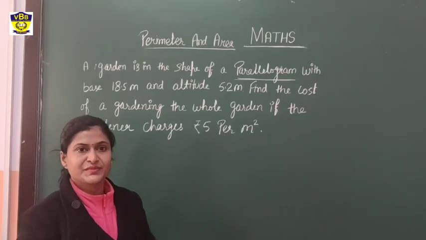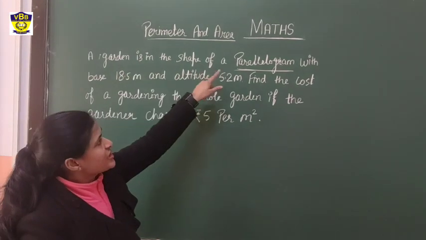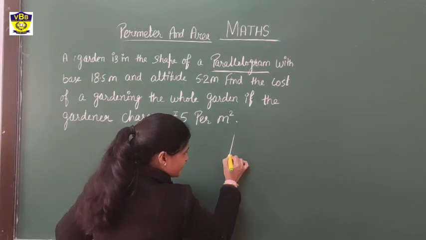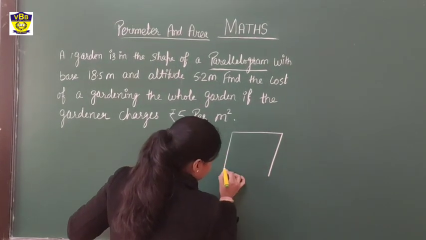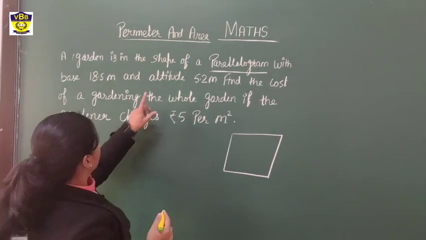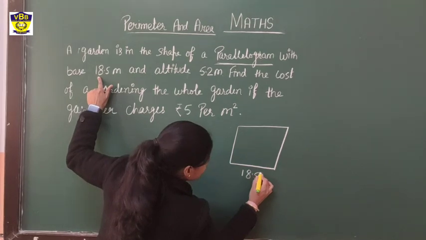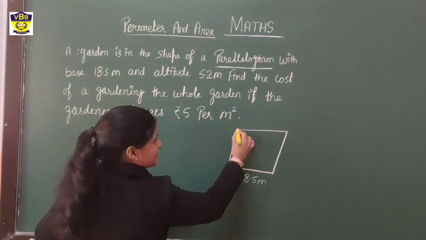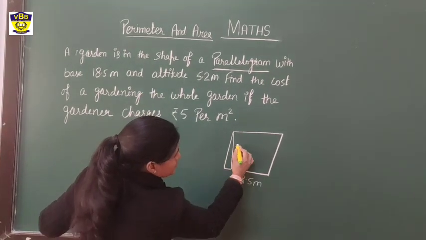Okay. So our next question is, a garden is in the shape of a parallelogram. Make a parallelogram here, with base 18.5 meter, and altitude 5.2 meter.